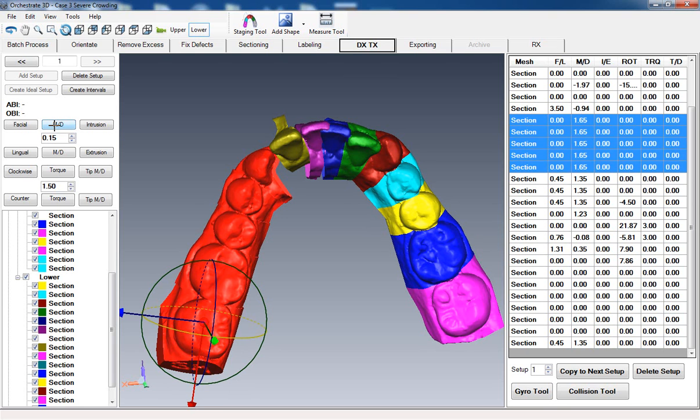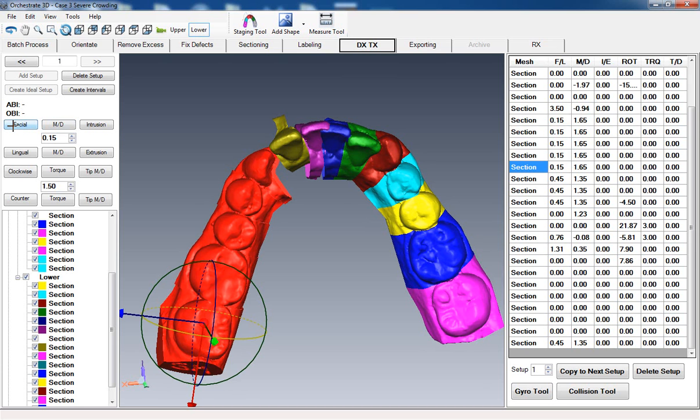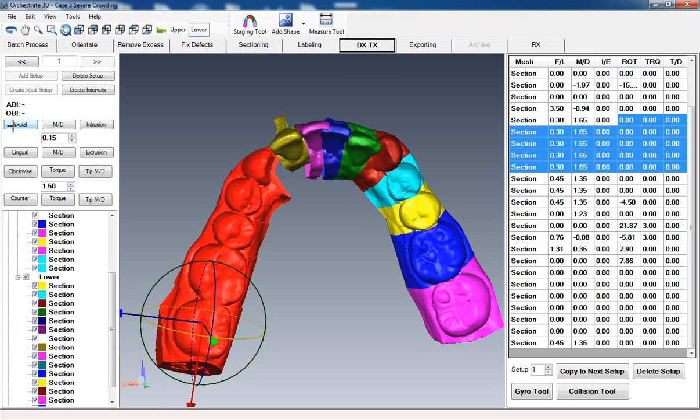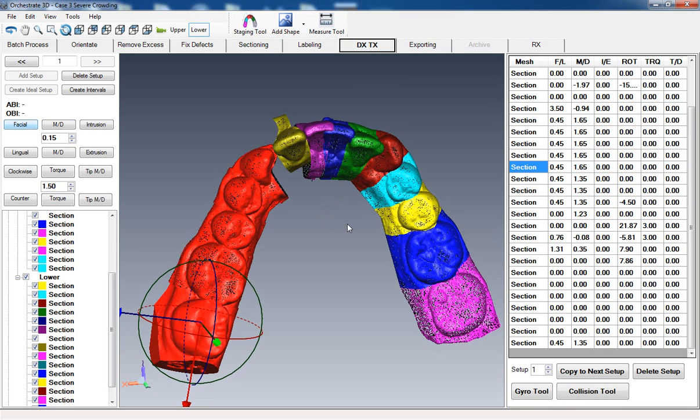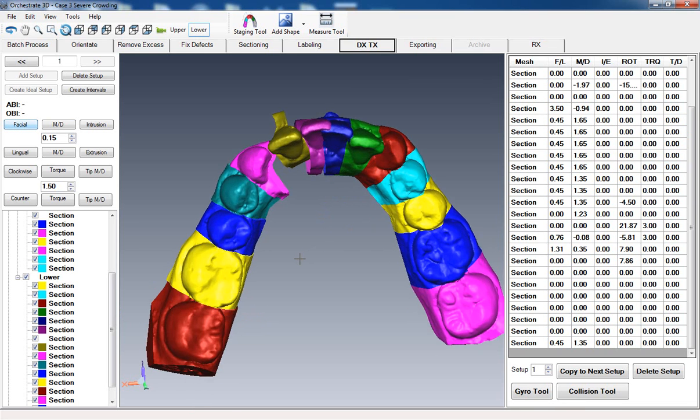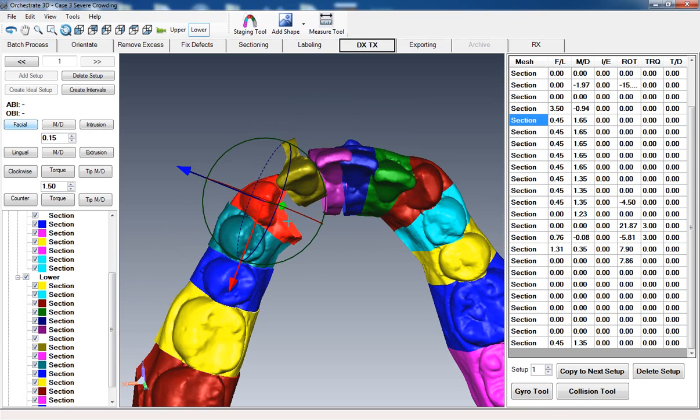And I'm going to build in some expansion. So I'm going to actually put in a few clicks here of facial tooth movement. And I'm going to focus in on this canine here because to me this looks like it could use a little bit of rotation.